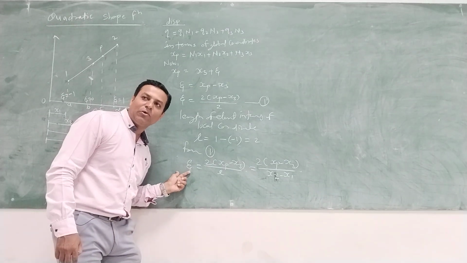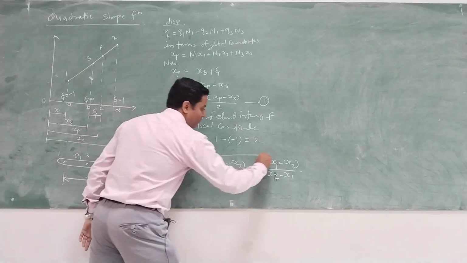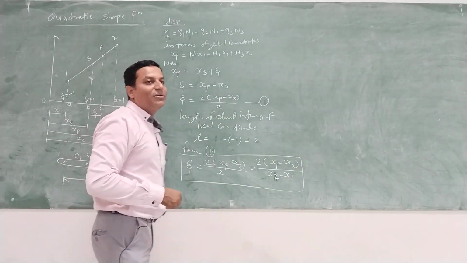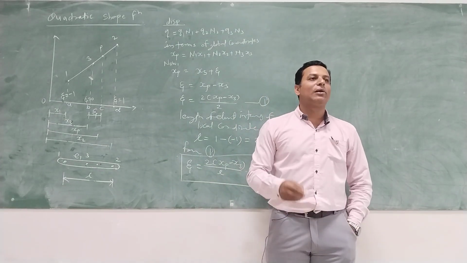So you can determine the local coordinate by using this formula. Here you have got the relation between local coordinate and global coordinate.